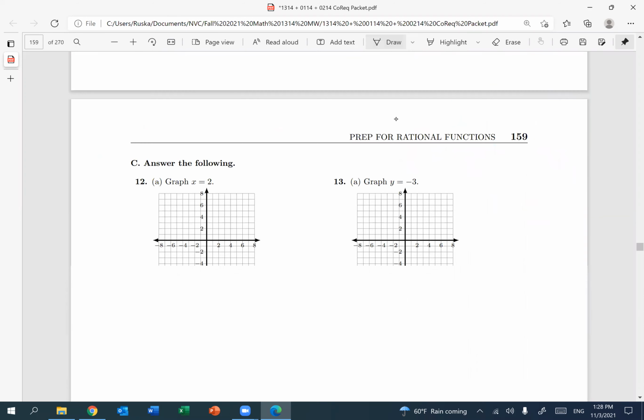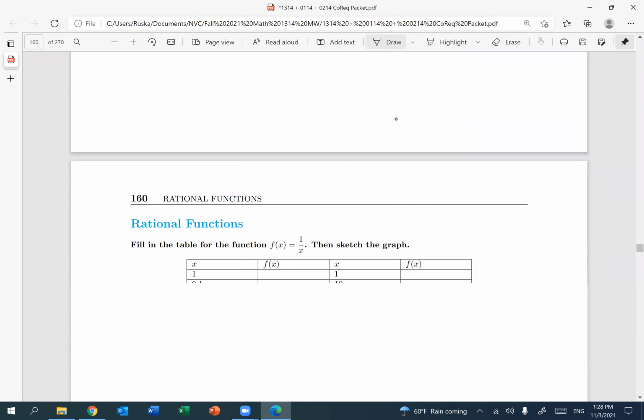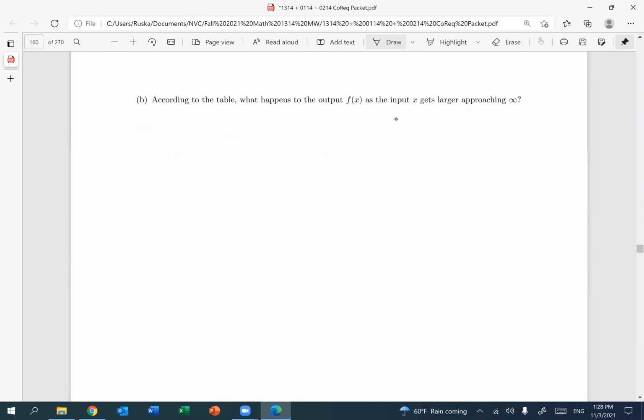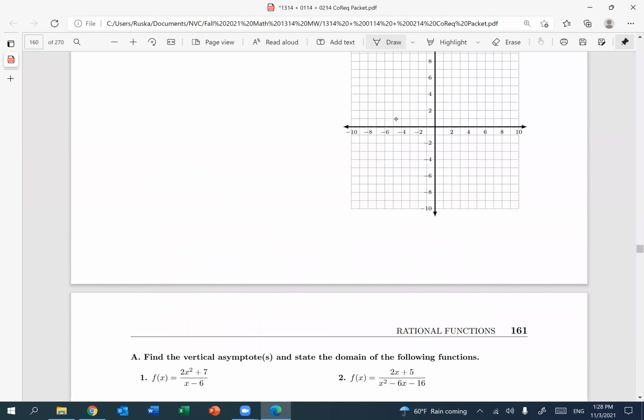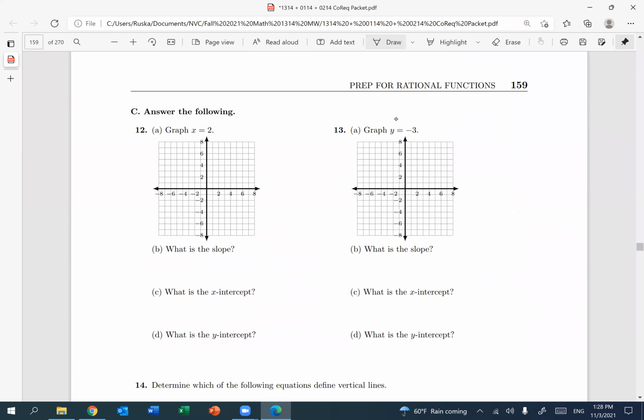Okay, so we're going to go to the next one where we're going to graph linear and rational functions. So let's start with this. I'm just going to do one question of this because graphing a linear function is easy. The graph is x equals 2, that's the equation.